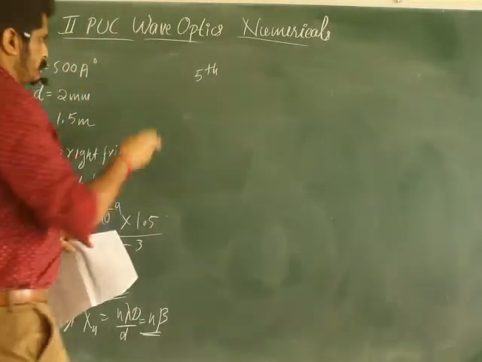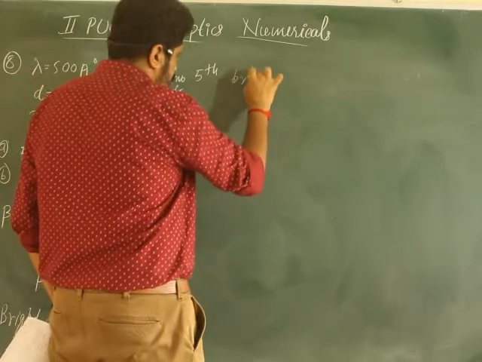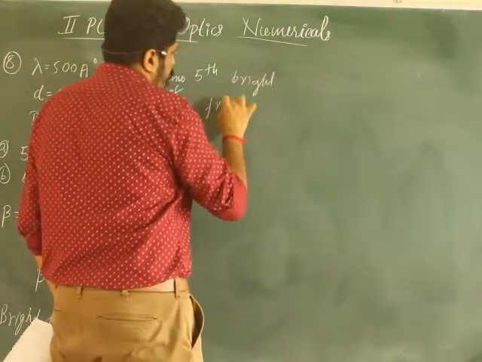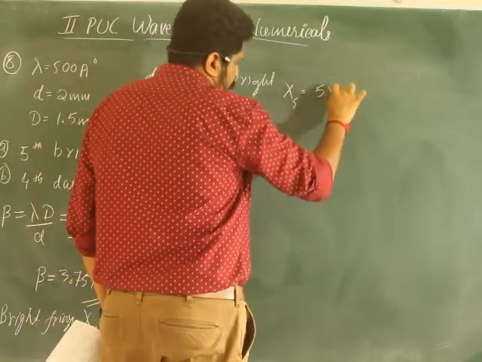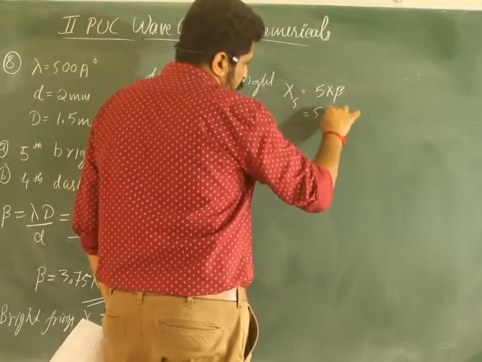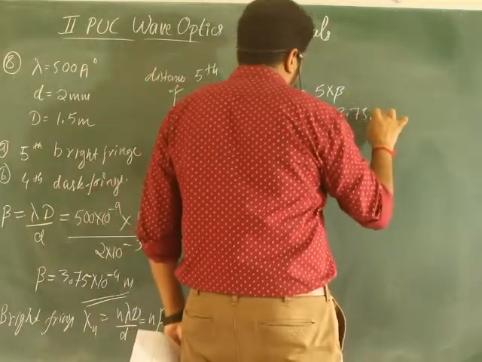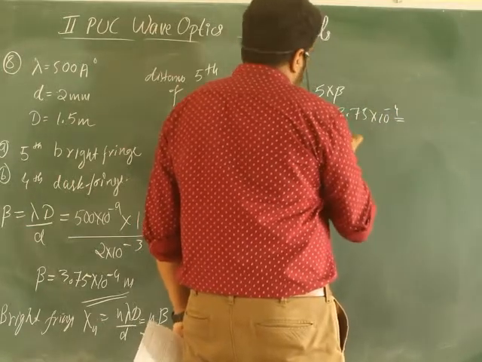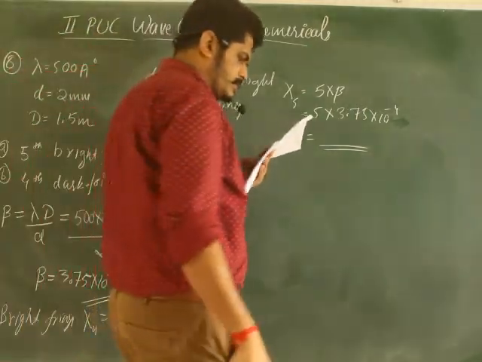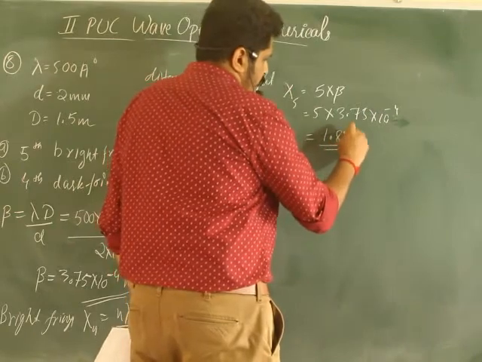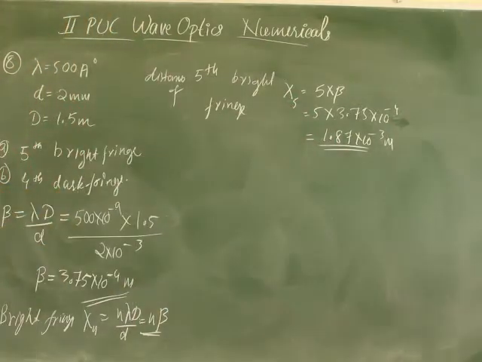Distance of fifth bright fringe, that is x5 is equal to 5 into beta, or 5 into beta value already found out here, that is 3.75 into 10 power minus 4, and your answer is, check the answer, 1.87, somewhere like that you will get 1.87 into 10 power minus 3 meter by the calculation. Fine.